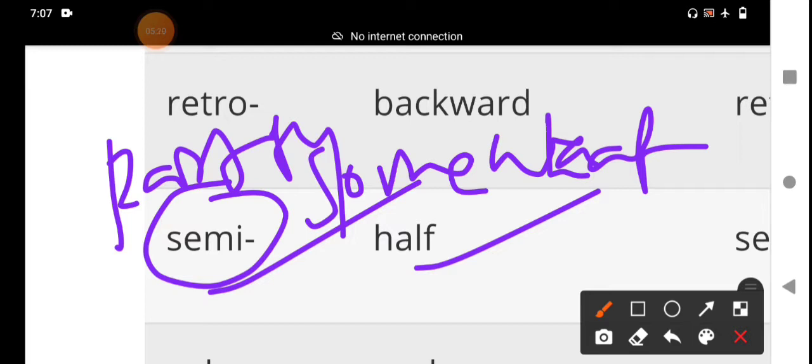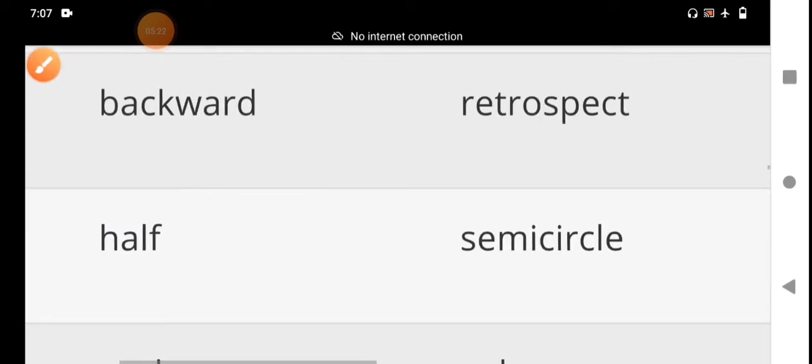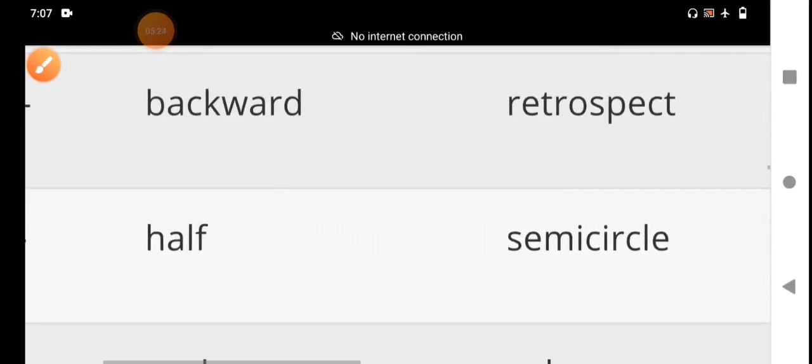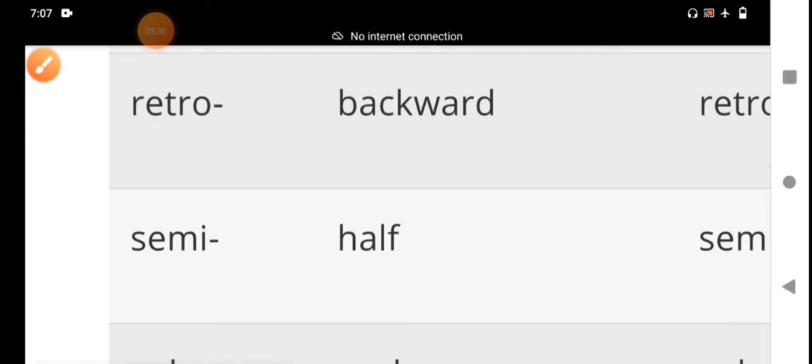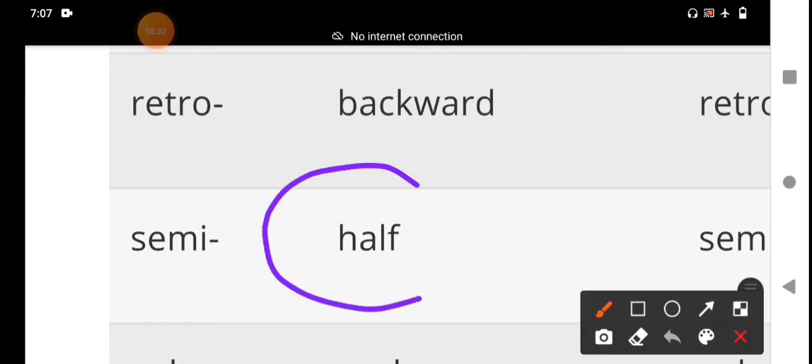For example, here they have given the semicircle, half circle. And then we should understand the meaning of the semi, half. That means what are the words formed by adding semi before the main word? For example, final.